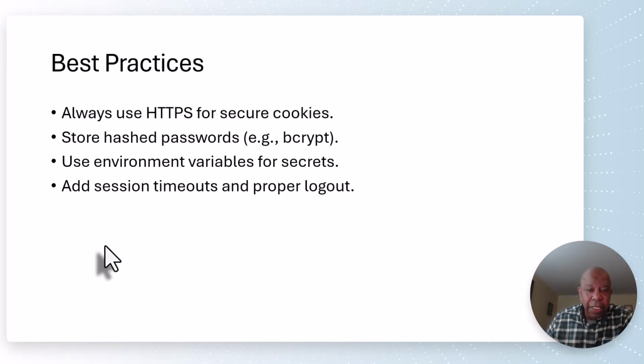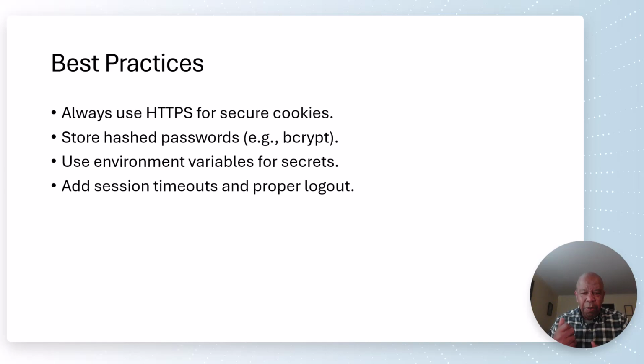So, basic practices: always use HTTPS for secure cookies. Sometimes you have an application that says HTTP, which has no security; we want HTTPS, so it is secure. Store hashed passwords. That's a normal best practice: we change the form of the password so it's not totally visible in plain sight, and you would have to do some dehashing.